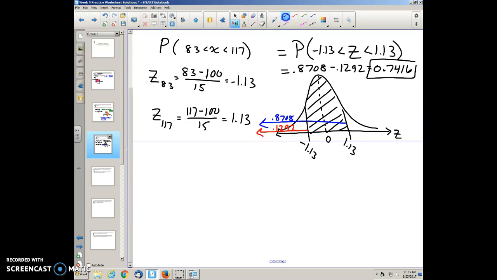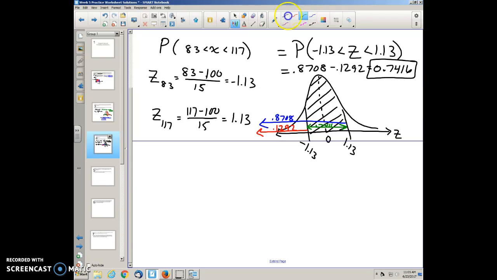So this will be our answer. By subtracting these two, we're actually getting this area in between, and that's the 0.7416. So remember, the table gives you the area to the left of z.